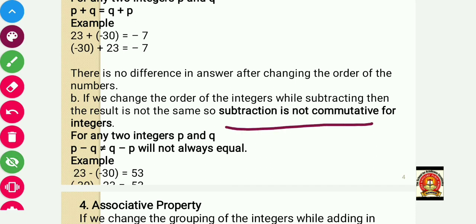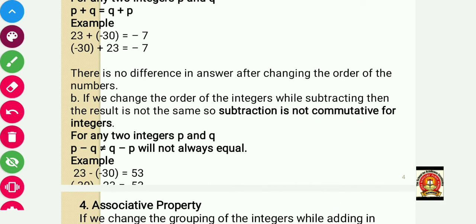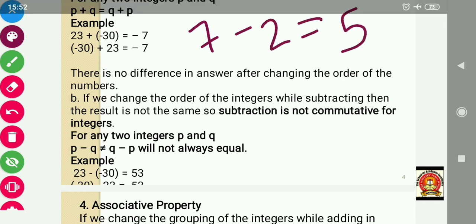But very very important, subtraction is not commutative. Subtraction is not going to give the same result. Like p minus q will give a different result from q minus p. Here you are going to get a different answer. For example, I am going to remove 2 from 7. I'll get 5.